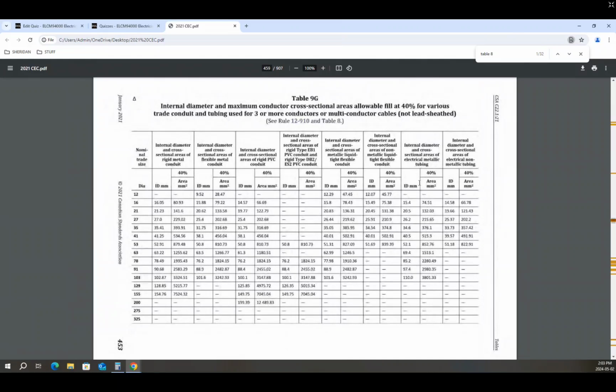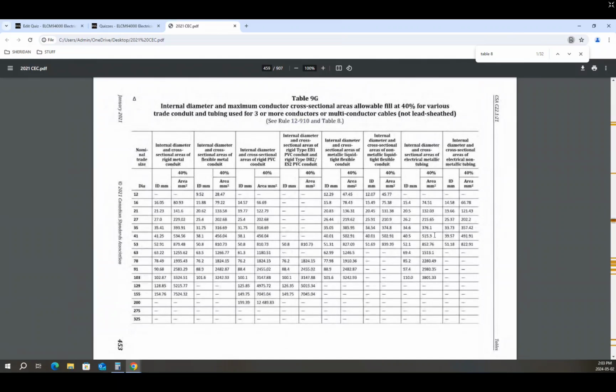Here's electrical metallic tubing, EMT, and I've got to get 511 square millimeters for my conductors.